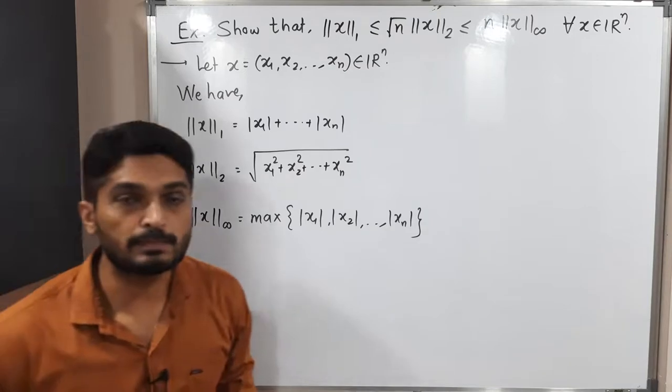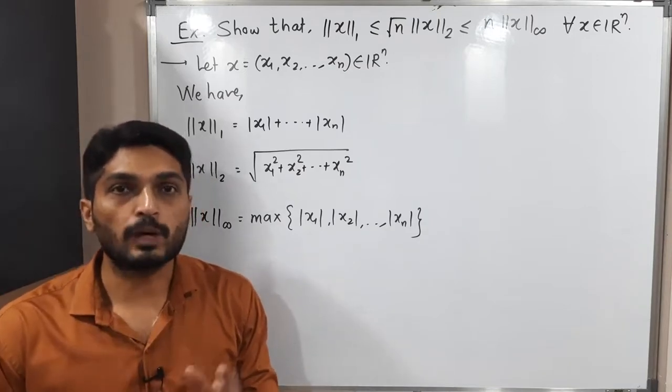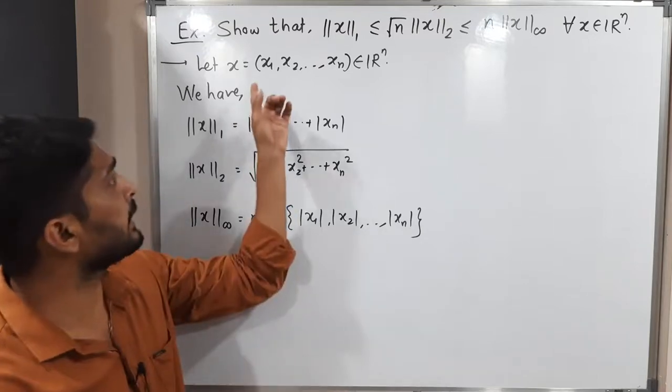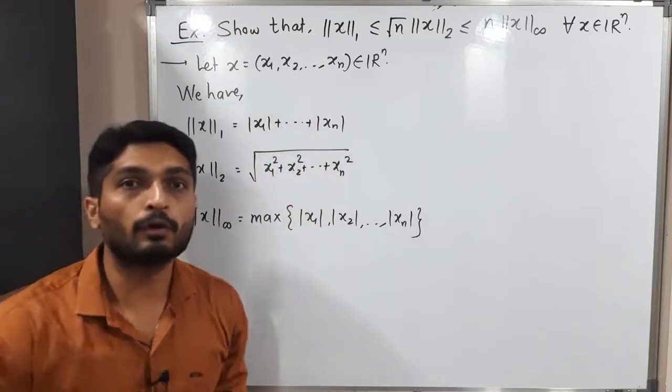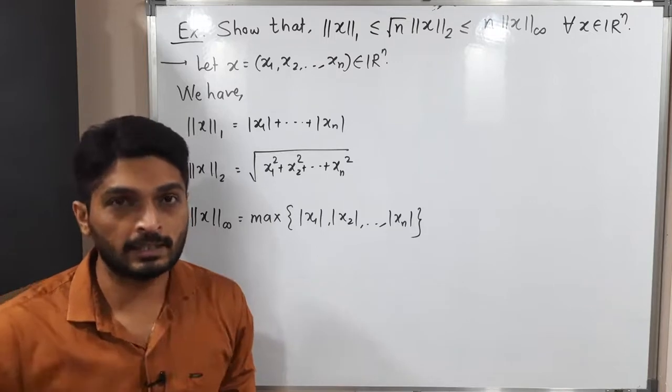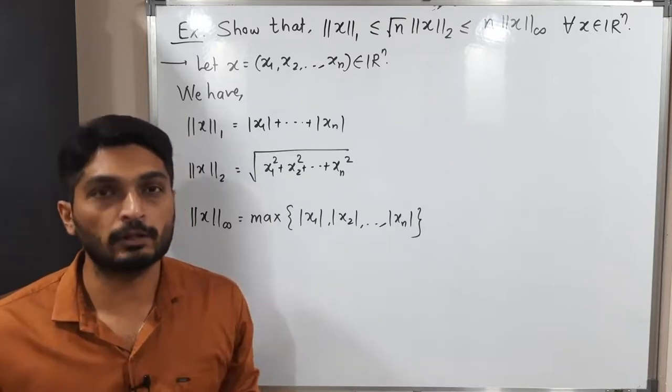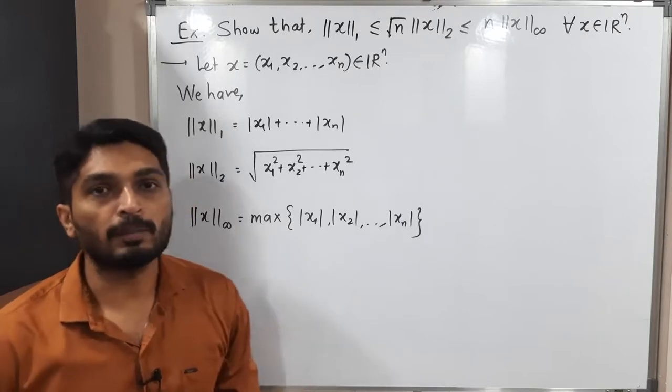The definition says it is the maximum of mod x1, mod x2 and so on mod xn. That means if you have any element x belongs to Rn having n components x1, x2 and so on xn, we take mod of each component and the maximum value will be the value of norm x infinity.